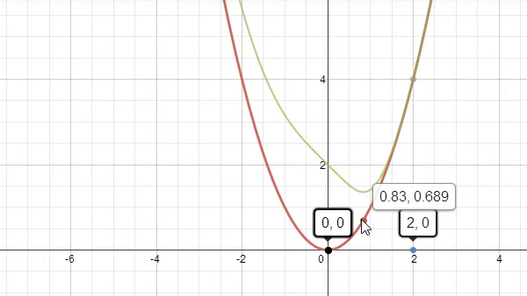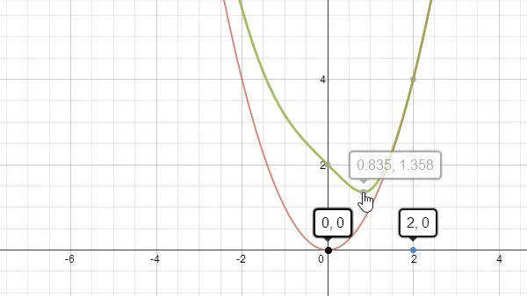So that looks about right. The distance between our cursor here and the blue dot is a minimum. So there it is, at the bottom is the minimum, and we're pretty much done.